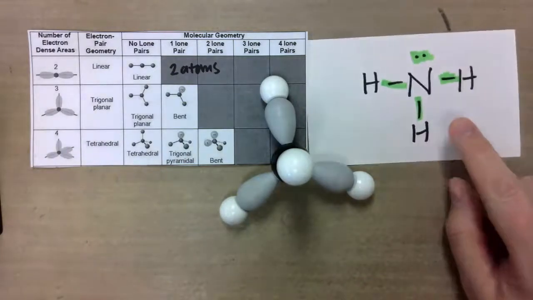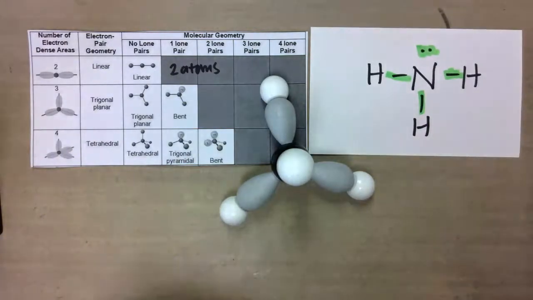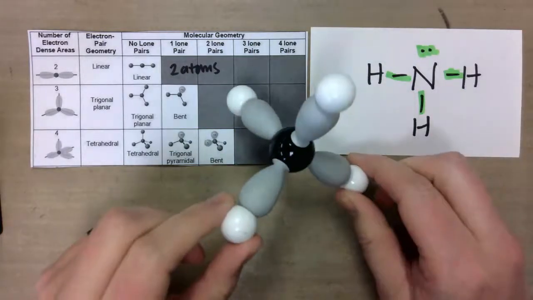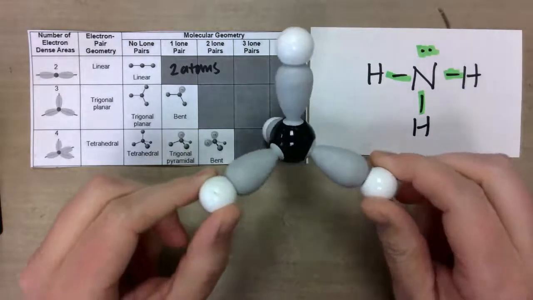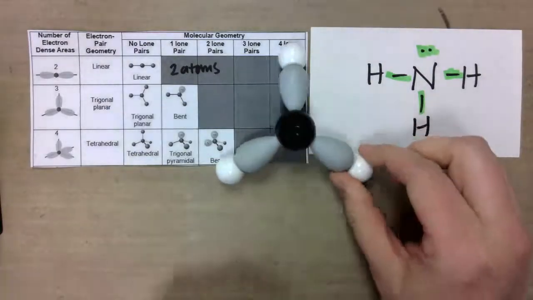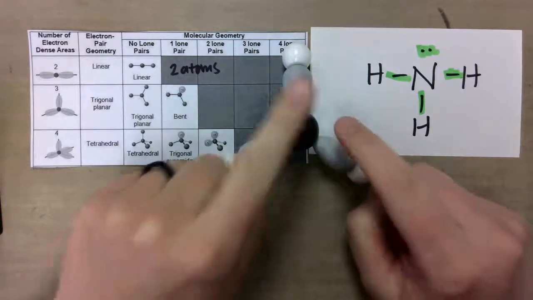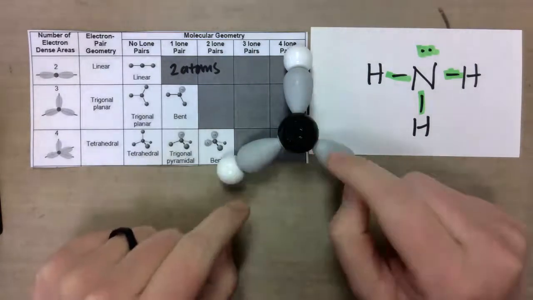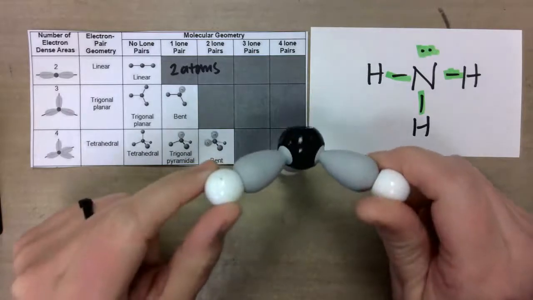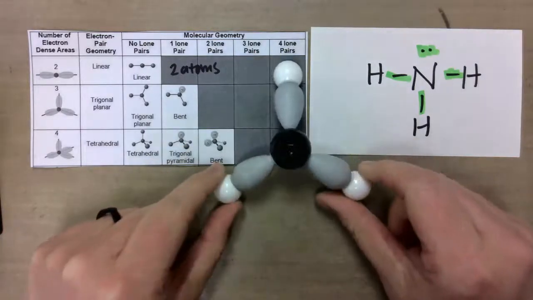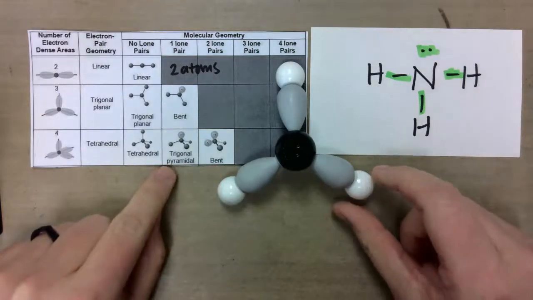So back to this guy here. What you can imagine is that if I have 4 electron dense areas, my molecules still look like a tetrahedron, but the top is popped off. So I'm missing this little top area here. So instead of having a bond coming up here like I did before, now I have nothing, like that. Okay. This molecule has the shape of trigonal pyramidal.